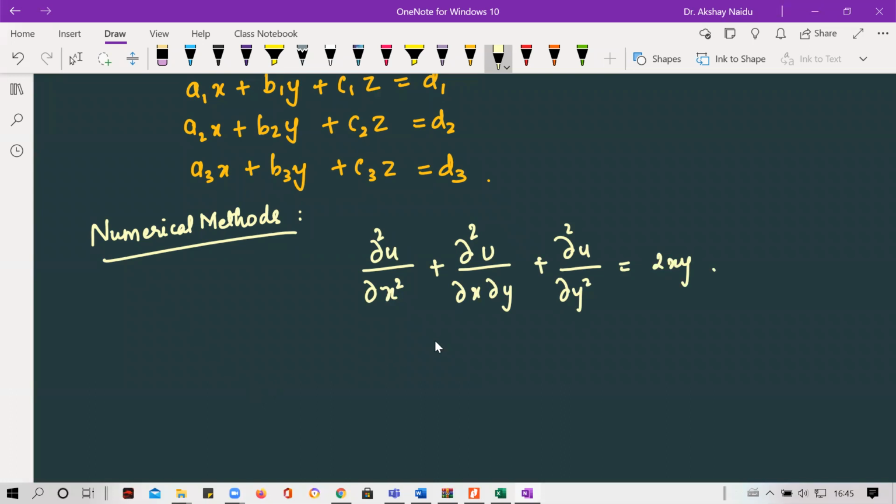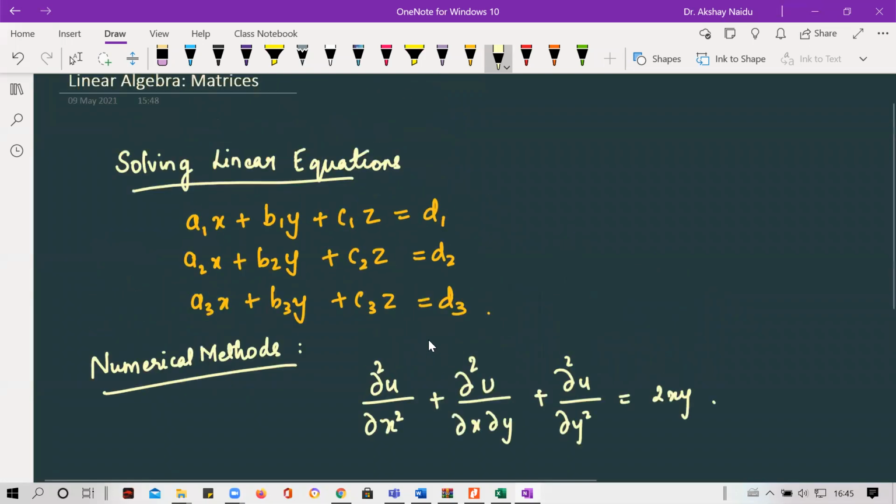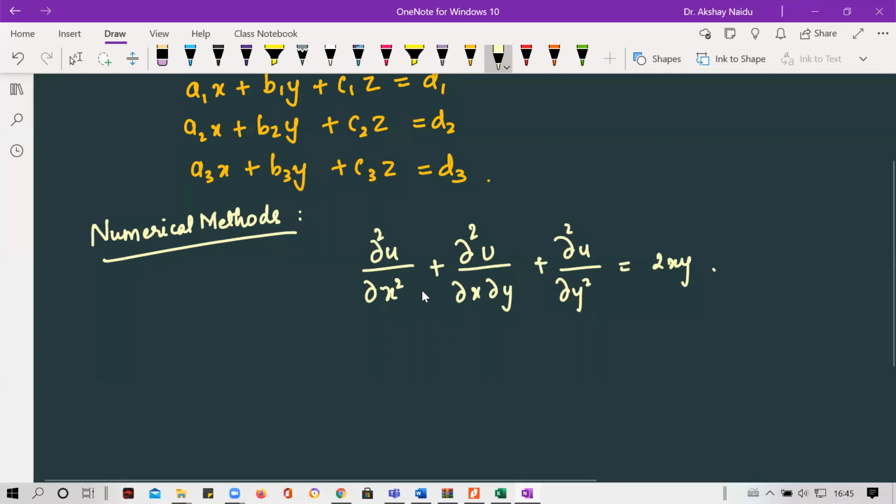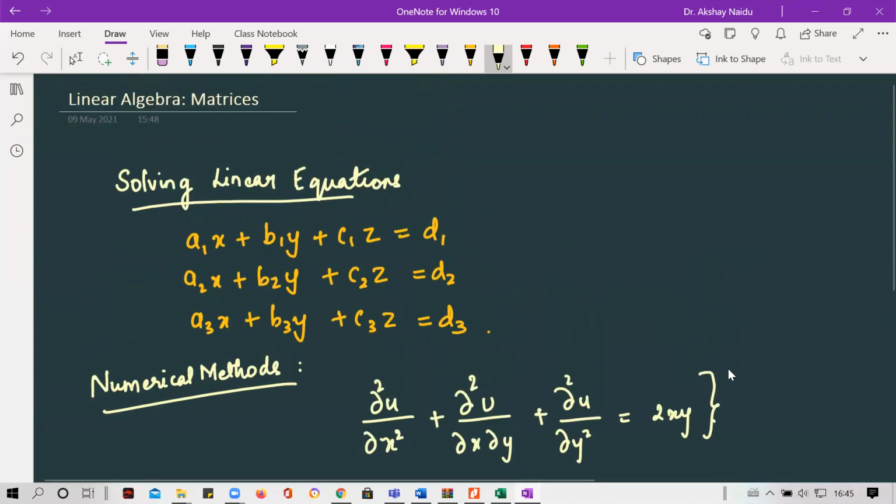Now, for both linear differential equations and partial differential equations, the way to solve in a real life situation is to convert this by approximations to this form, to linear equations form. All right, and then you solve the problem.